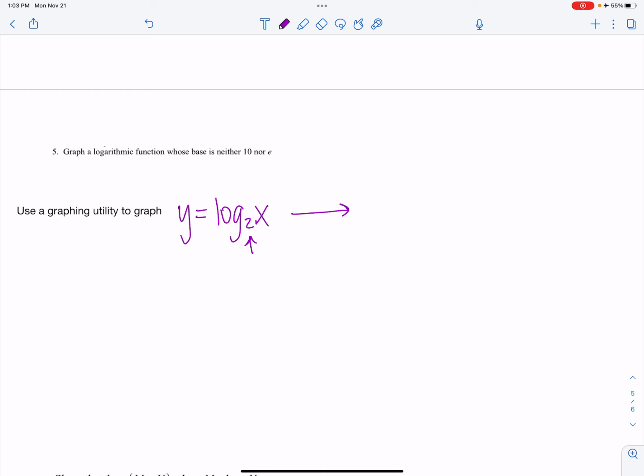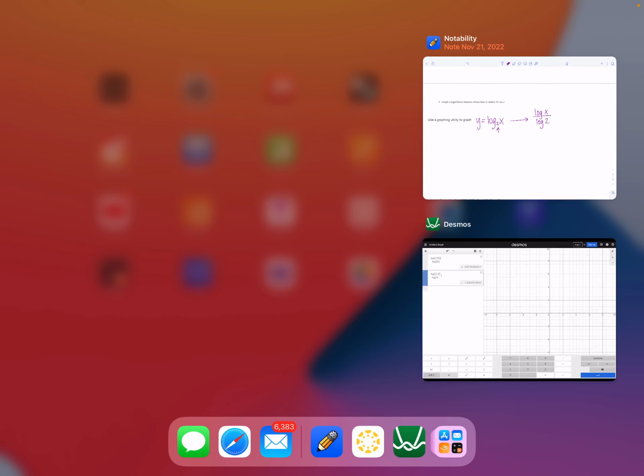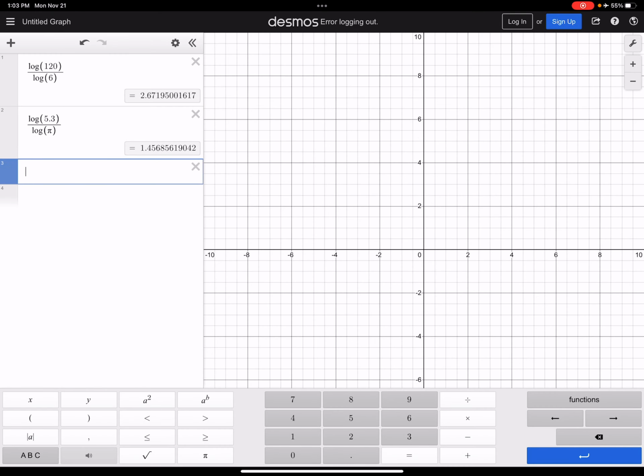So this is going to be log of x over log of 2. And let's see what this now looks like on a graph where we couldn't have plugged that in before, and now that we can. So I will show you this one now.